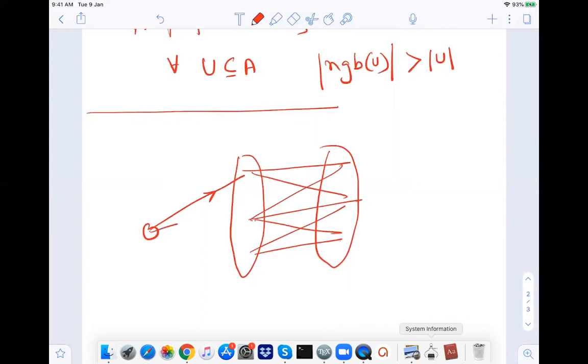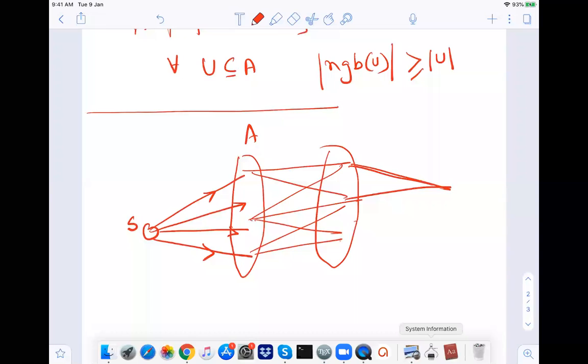One way is to join all these vertices in A with a start vertex S, directed. And all the vertices in B with the end vertex T.